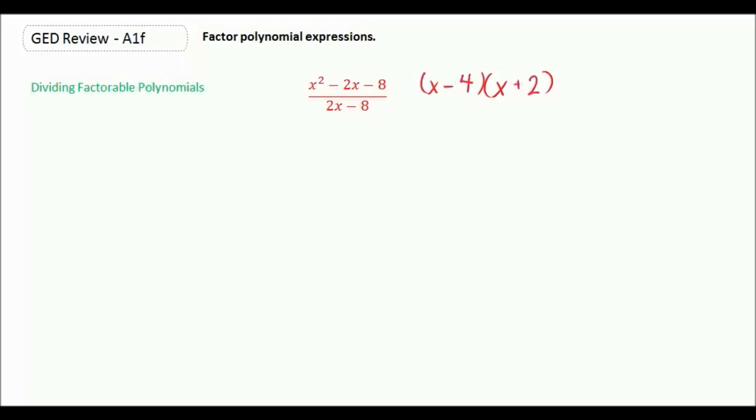So that would be -4 and 2. On the bottom, we can pull out a 2, which would be x minus 4 left. And since we have an x minus 4 in the numerator and an x minus 4 in the denominator, we can cross them off. And we are left with x plus 2 over 2.